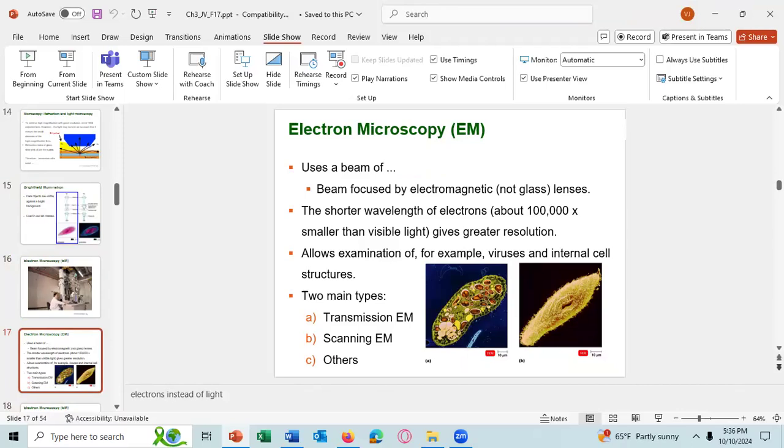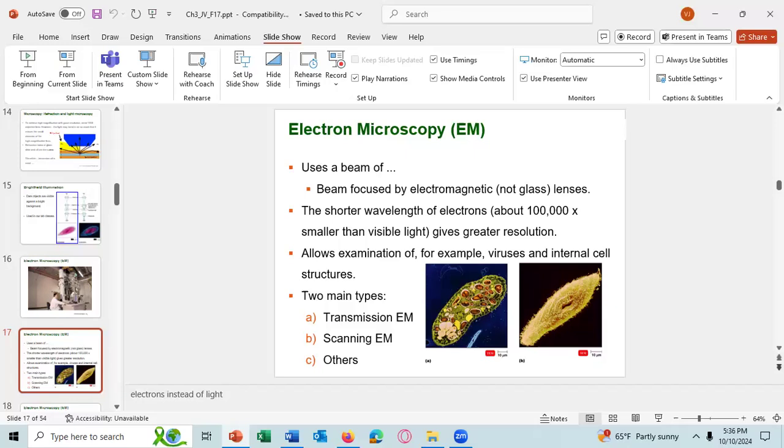Electrons have a shorter wavelength than light, and so you can see things 100,000 times smaller than you can see with visible light. And that's because electrons can give a greater resolution. So an electron microscope gives greater resolution than a light microscope. Any questions? All right, not hearing anything. So let's move on.